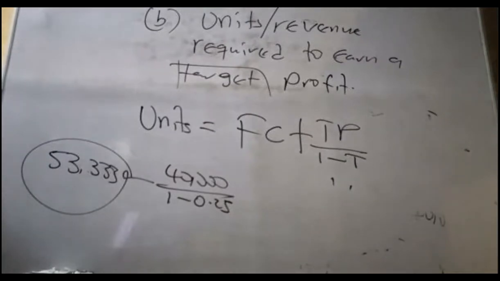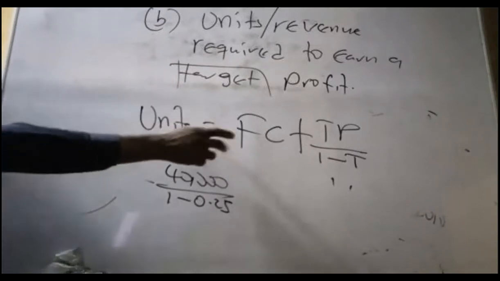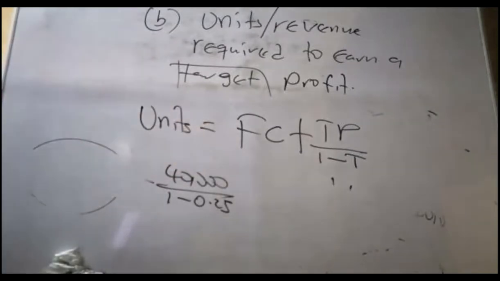So you do your substitution in here to determine the unit produced. Now, because these figures are so easy and the formula is so straightforward, any way they ask you, you can produce it for them.